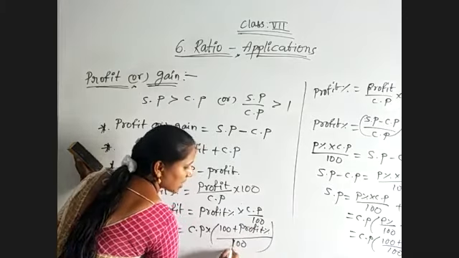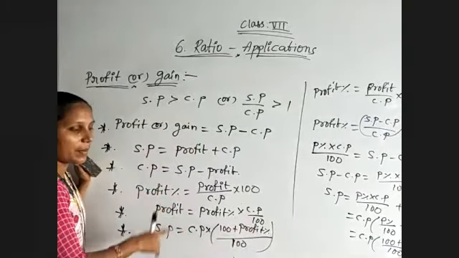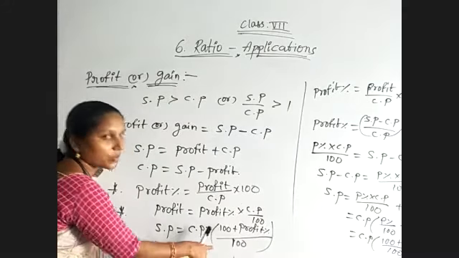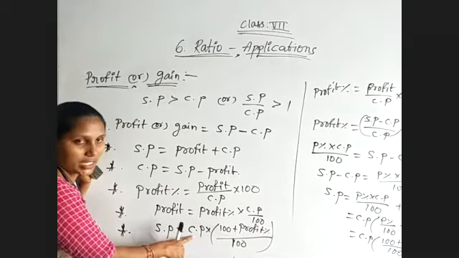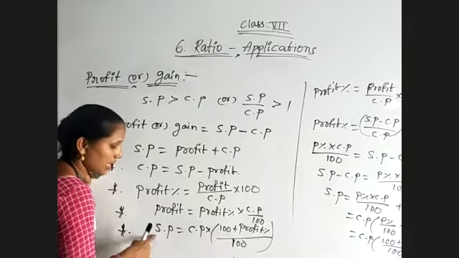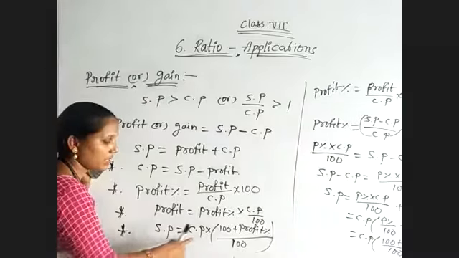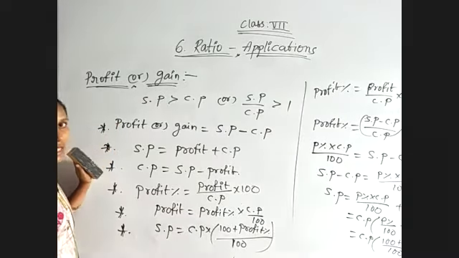That elaboration no need to remember, but I am explaining how it came. This is the formula you need to remember, and from this try to write the CP value. CP we need to find, so take the reciprocal: SP into 100 by 100 plus profit percentage is equal to CP. That's all.